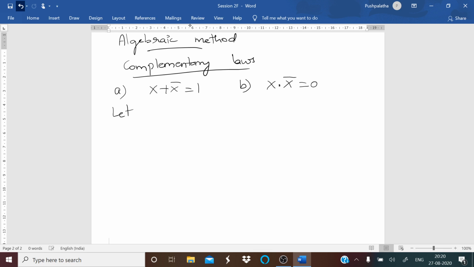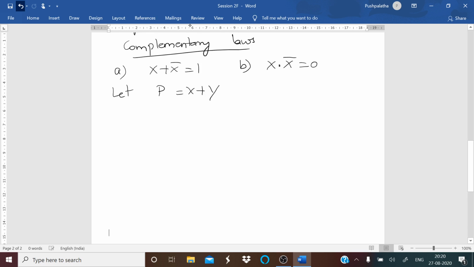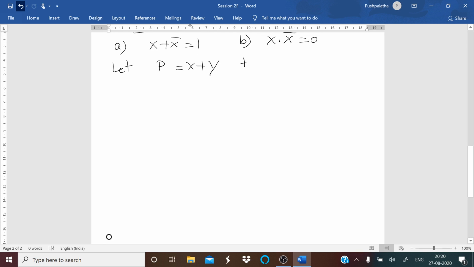Now assume that p equals x plus y. If p is equal to x plus y, then p bar, that is the complement, will be x plus y the whole bar.